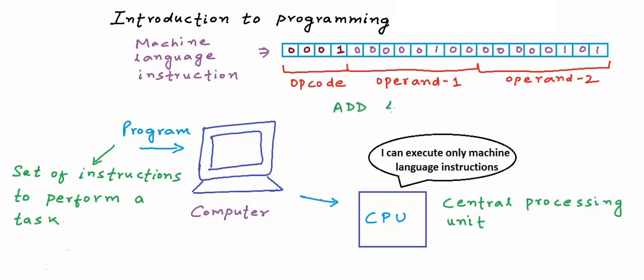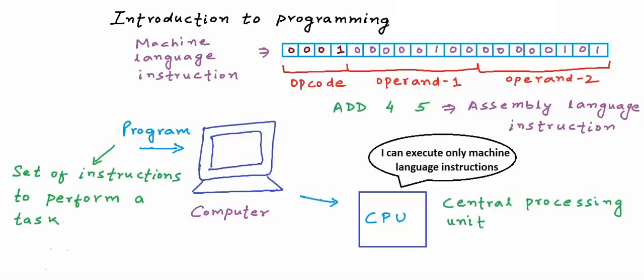Operand 1 is 4 and operand 2 is 5. One can write an instruction like this in assembly language. The improvement that you're getting is, instead of writing operation codes and commands in binary, you are writing some keywords which will make some sense. Instead of writing 0001 for addition, we are writing add keyword. And instead of writing constants in binary numbers, we are writing constants in decimal.